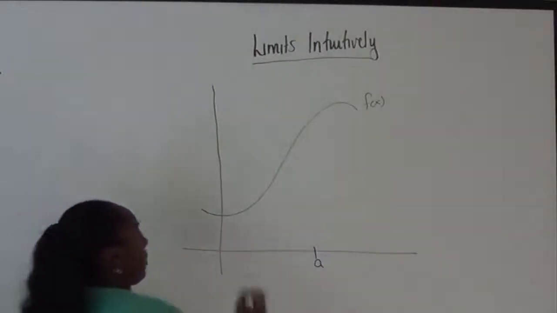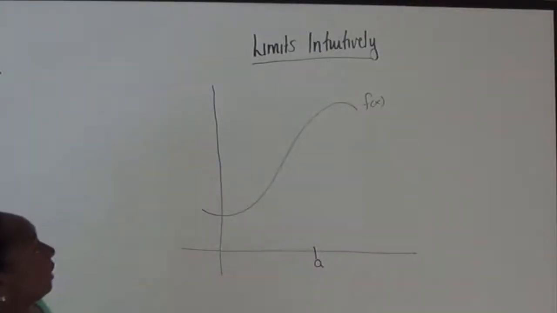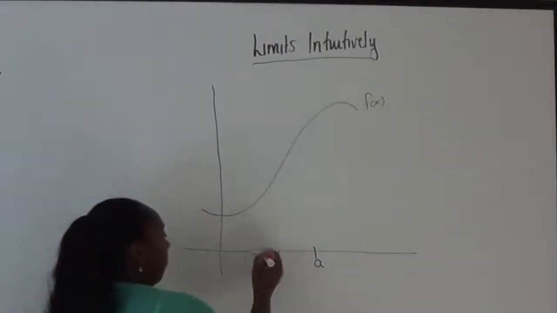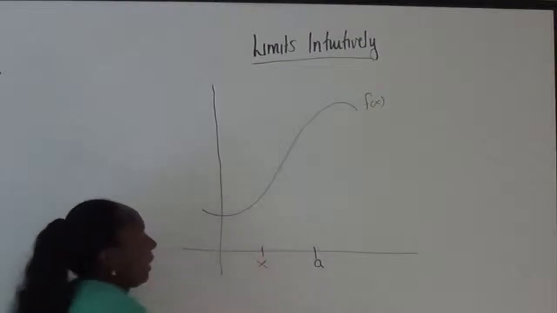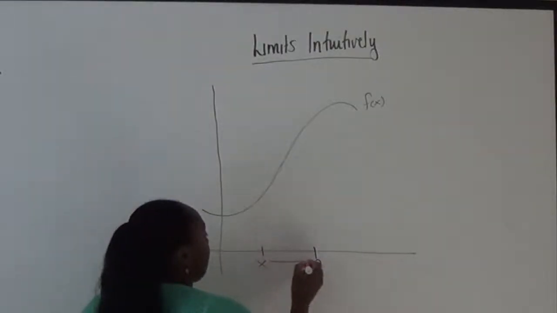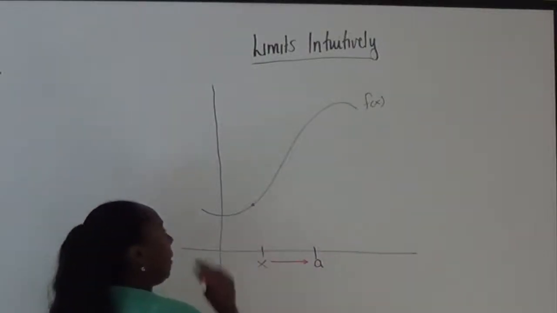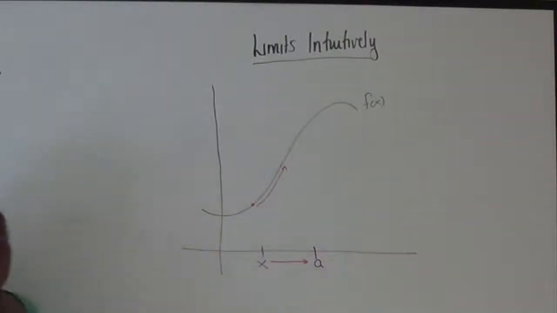For example, in this case I have basically 2 directions I can look at, since I'm looking at a 2-variable function, or function f of x equaling y. If I pick an x on this side of A, then we see as my x values get closer and closer to A, the function value is going to increase to some point along the curve.